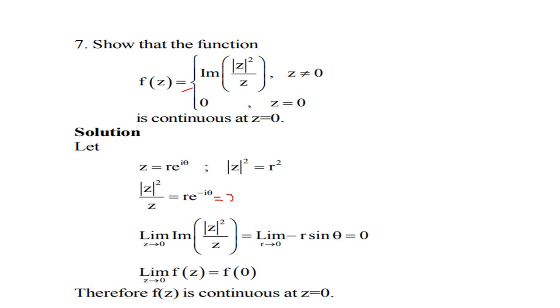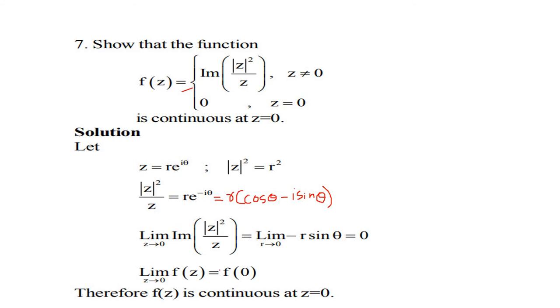And e raised to minus i theta is cos theta minus i sin theta. So its real part is r cos theta and its imaginary part is minus r sin theta.